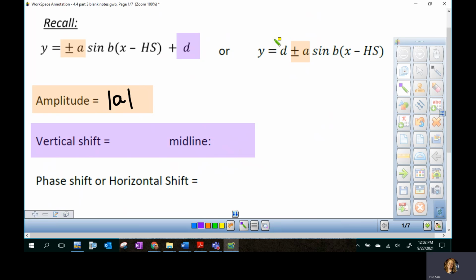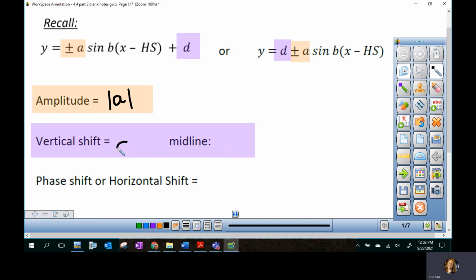The number added or subtracted on the outside, that's the vertical shift. So the midline is y equals that number. We draw a dashed line at y equals d, that's the midline. The midline is showing you where the vertical shift is.